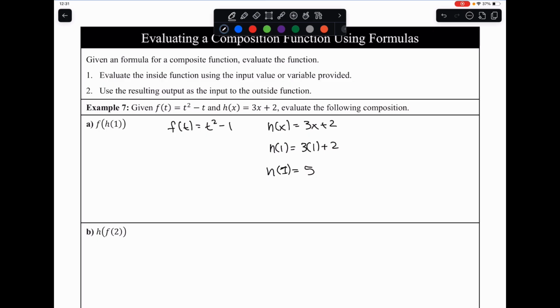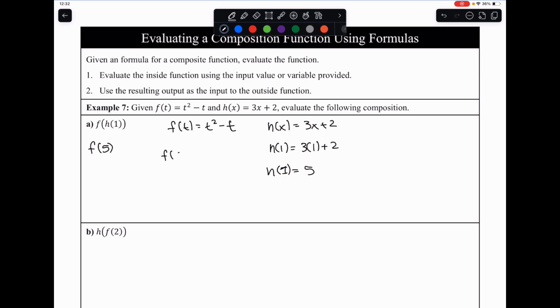So what I'm going to do now is plug this answer of 5 into the outside function. So I'm going to evaluate f of 5. So I'm going to plug this into the input values here, which in this situation I have two input values. I have t squared minus t, so I'm going to plug in the value 5 into both these t's.